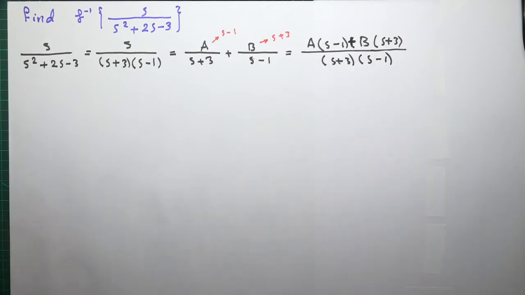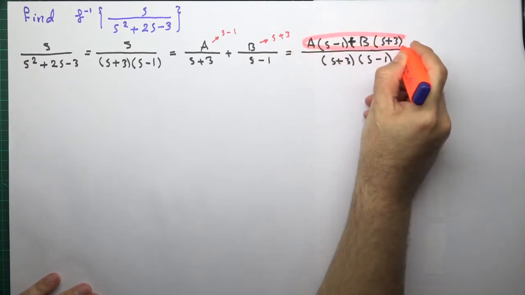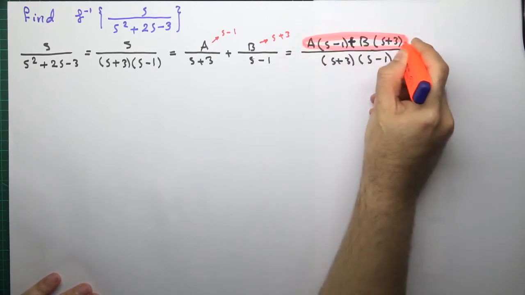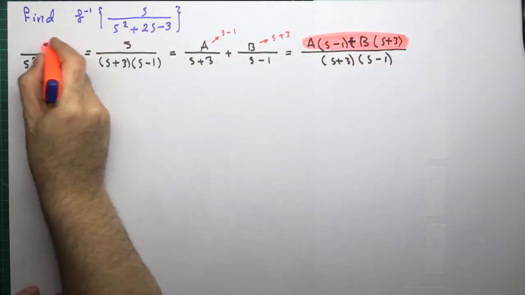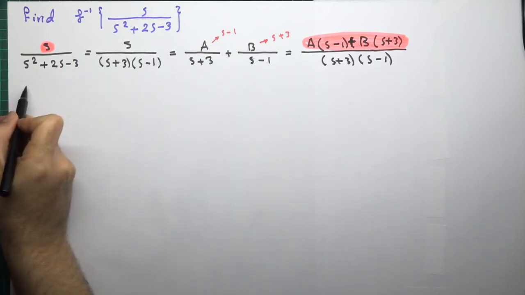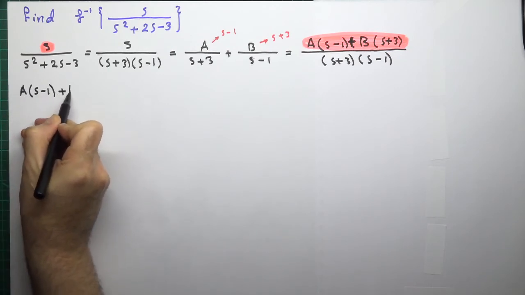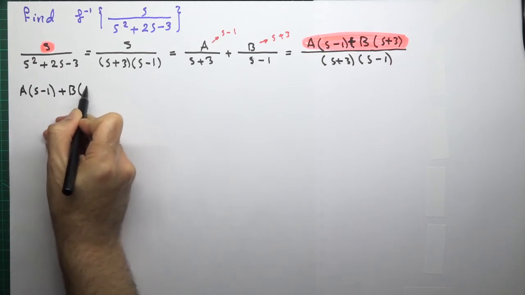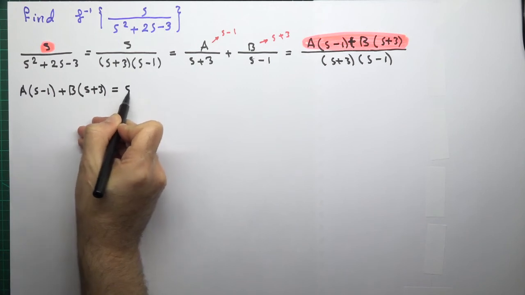And as you know, students, the numerator here no doubt equals this numerator. So we can write here that a times s minus 1 plus b times s plus 3 equals s.